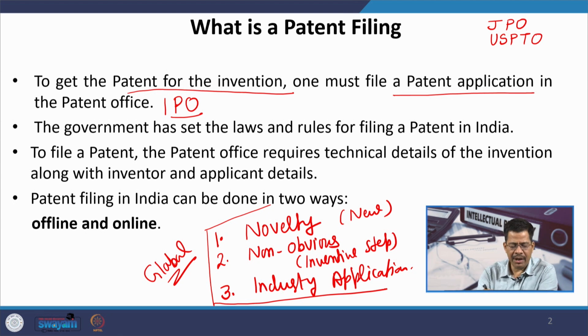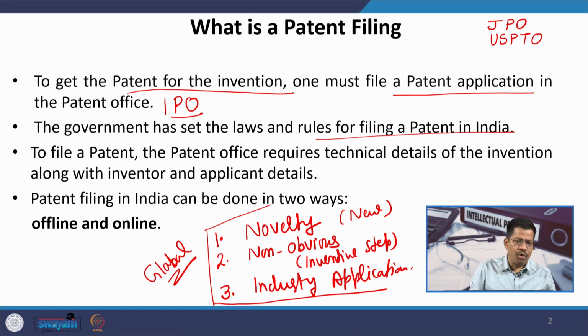In India it is the Indian Patent Office. So, you have to file your application in the Indian Patent Office, and as we just know, there is Indian patent law. Under that Indian patent law you will file your application in IPO.